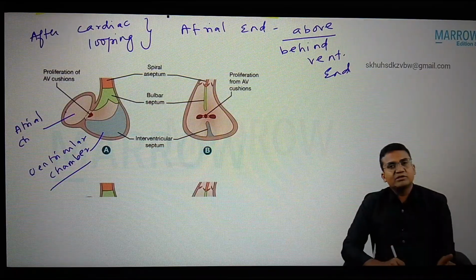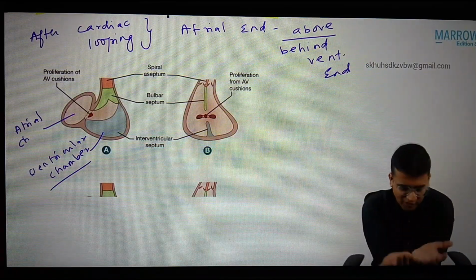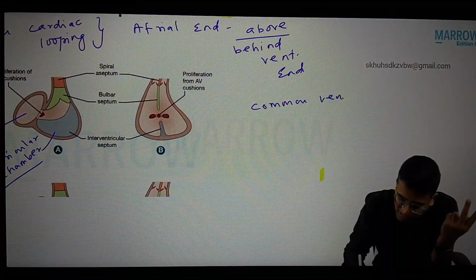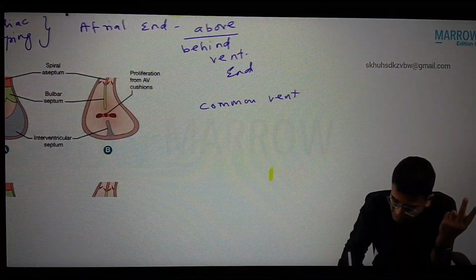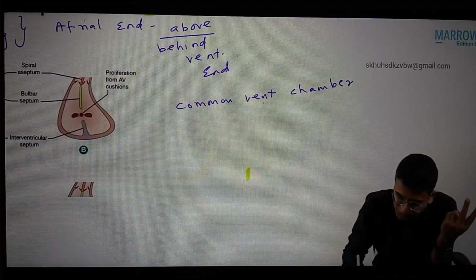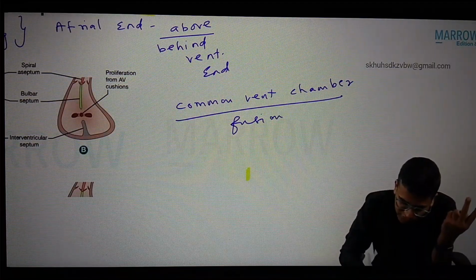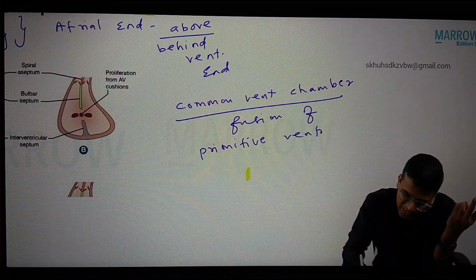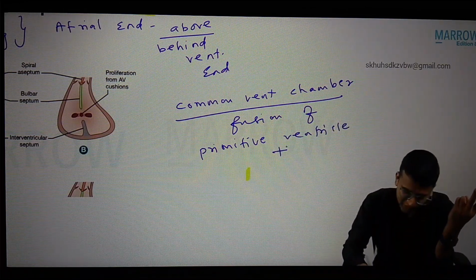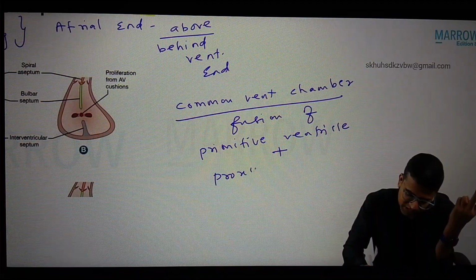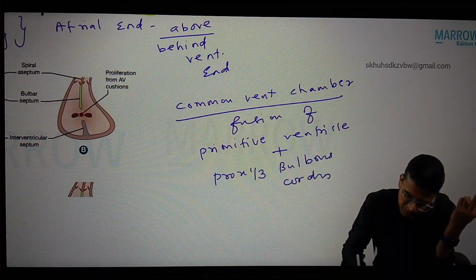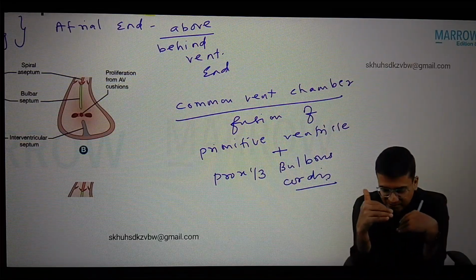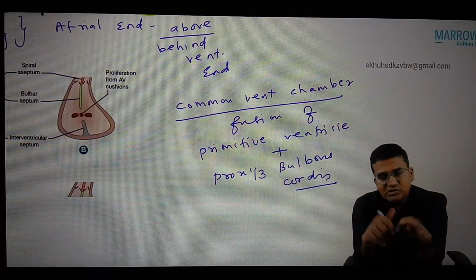Now this is the common ventricular chamber. It is formed by the fusion of two structures: the primitive ventricle and the proximal one-third of the bulbus cordis.